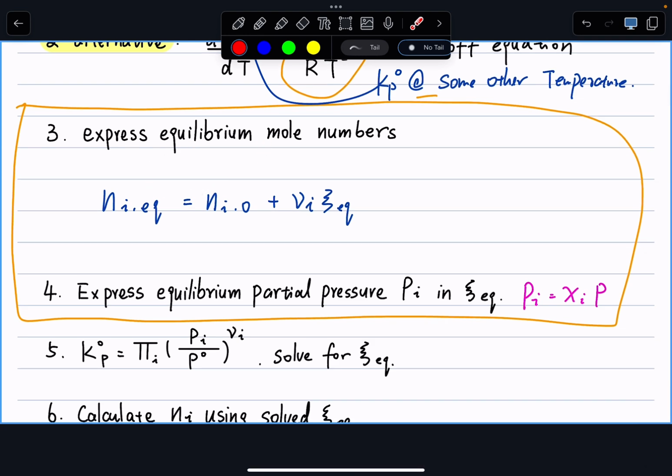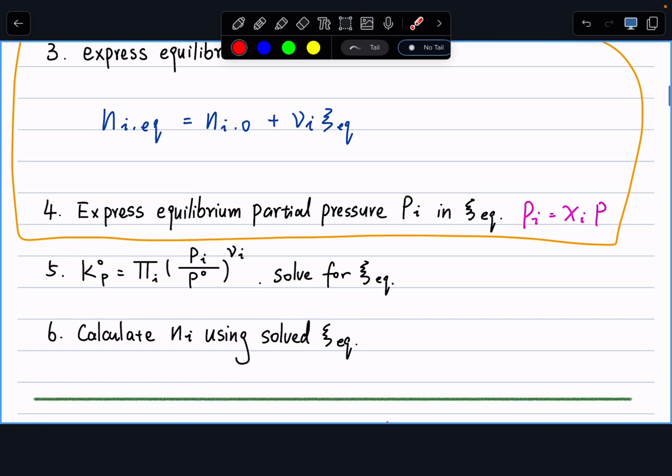In our last lecture, we went over how to express the equilibrium number of moles of species using the ice table, and then how to express your equilibrium partial pressure and use the definition of equilibrium constant to solve for the extent of reaction and the equilibrium composition.